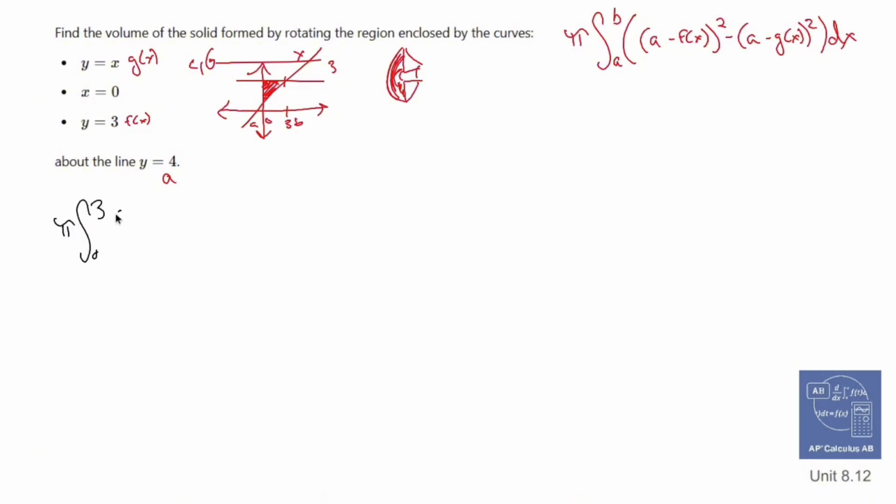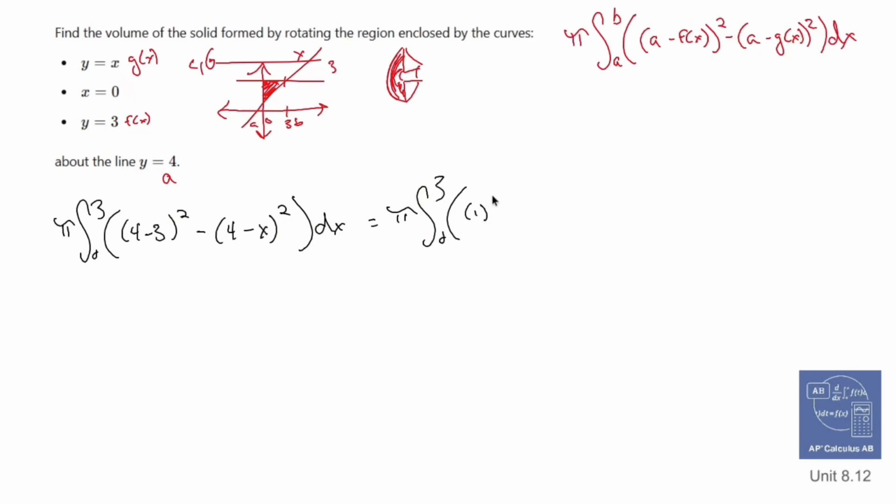3 of 4 minus 3 squared minus 4 minus x squared dx. So pi from 0 to 3 of, thank you Jesus, 1 squared, I can handle that, minus perfect square trinomial, is going to make that look like 16 minus 8x plus x squared dx.